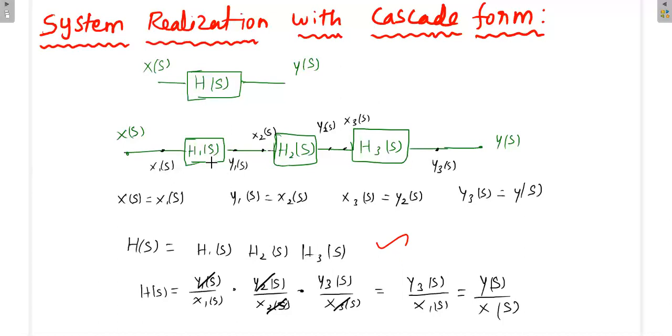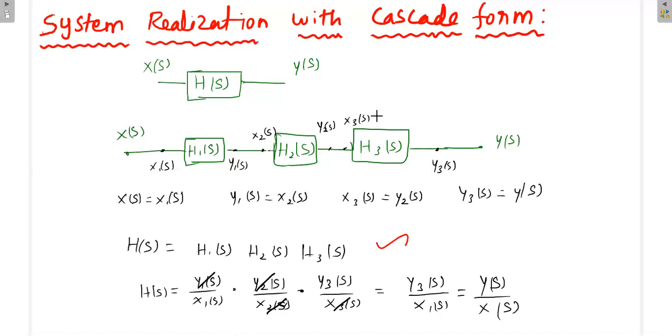Now we will implement H1(s) separately with some structure, either direct form 1 or direct form 2. Similarly H2 will be represented separately, and H3 separately. Then finally we connect everything and we get the cascade form of connection. It is just like breaking the overall system down into smaller systems, realizing them in a simpler format, and then connecting them. So this is the cascade connection format.